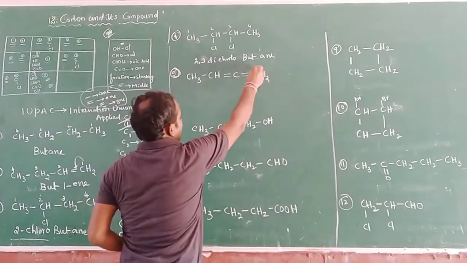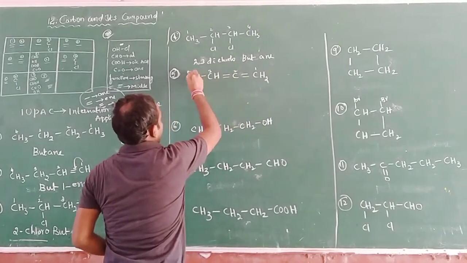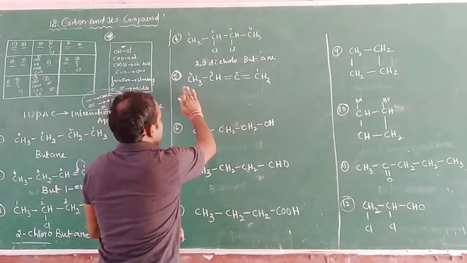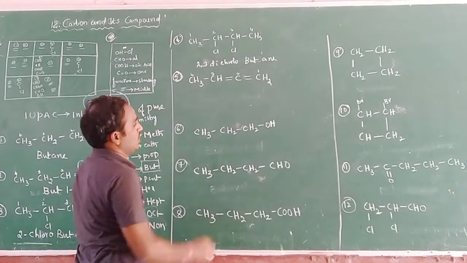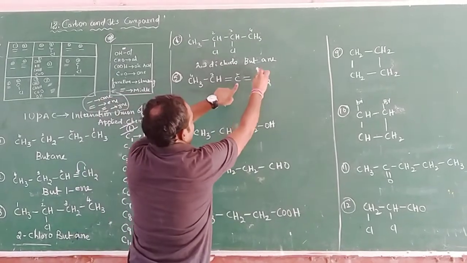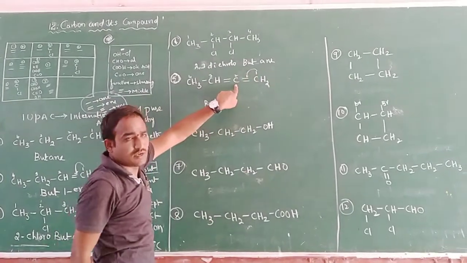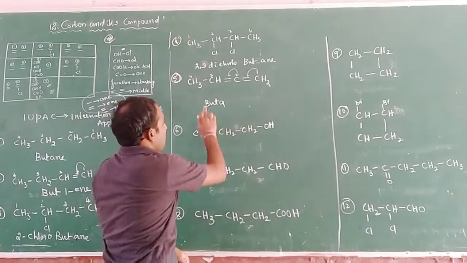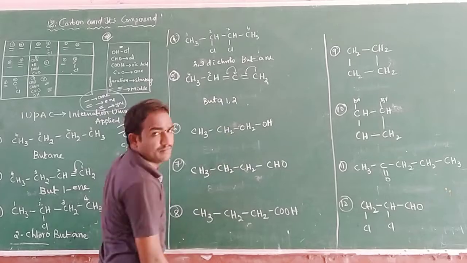See once, 1, 2, 3, 4. So here, how many number of carbons? 4. 4, that is called buta. So 1 beside the double bond and 2 beside the double bond. So buta 1 comma 2.